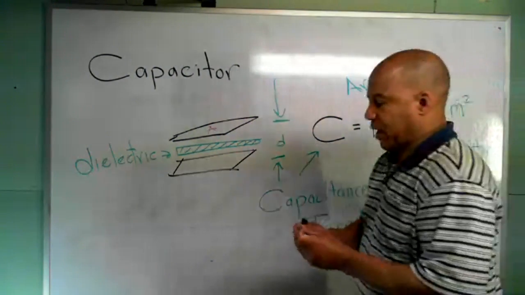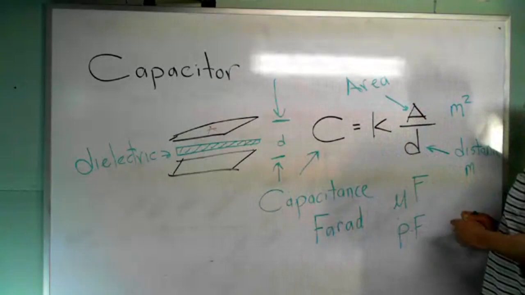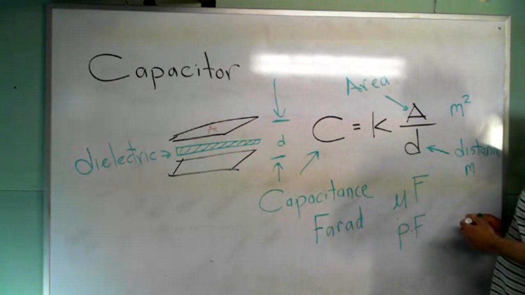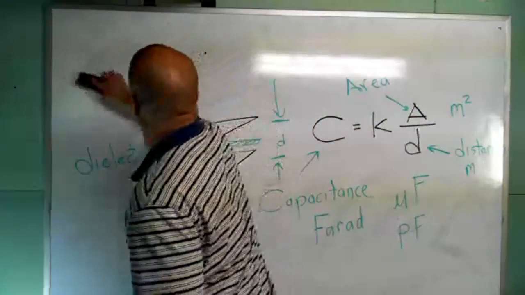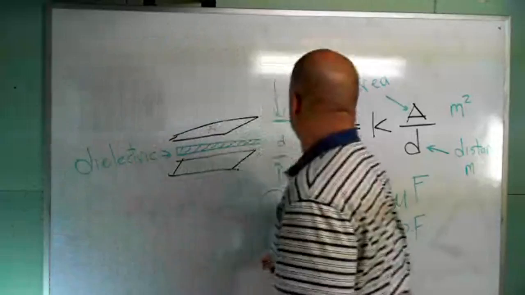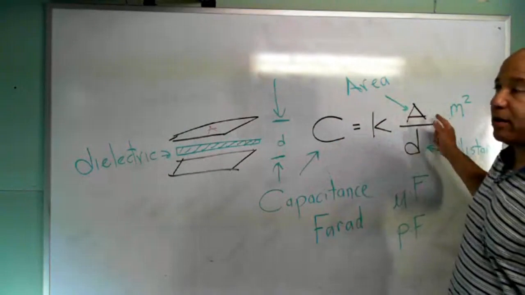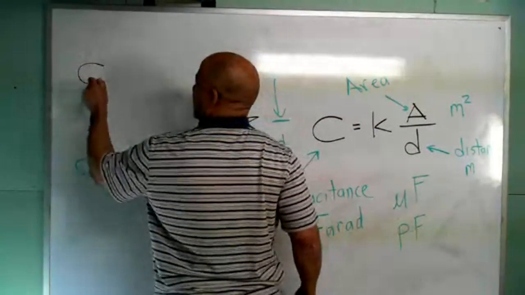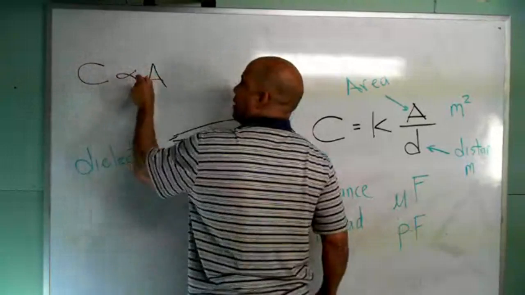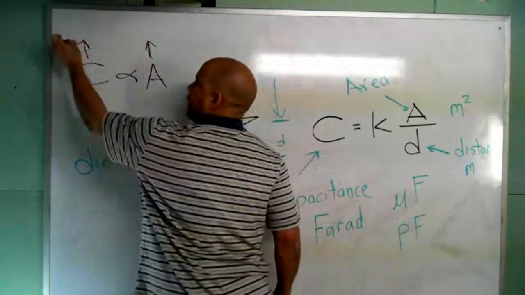So this formula right here is important to remember because it describes the physical characteristics of the capacitor. You can see that the capacitance and the area of the plate are directly related. C is directly related to A. So the more area I have on the plate of the capacitor, the more charge I can hold.